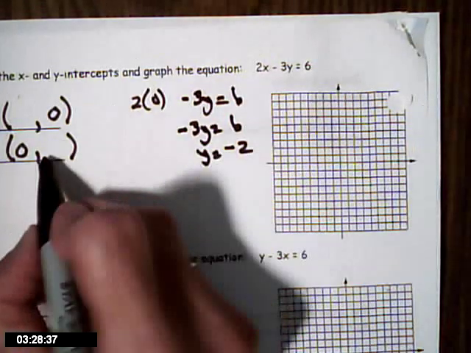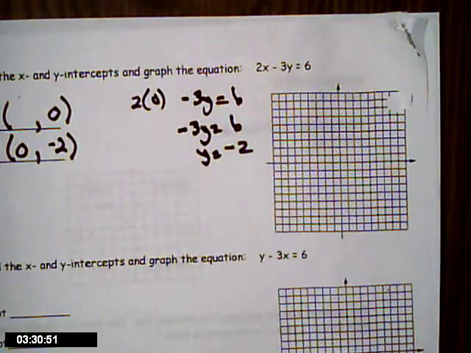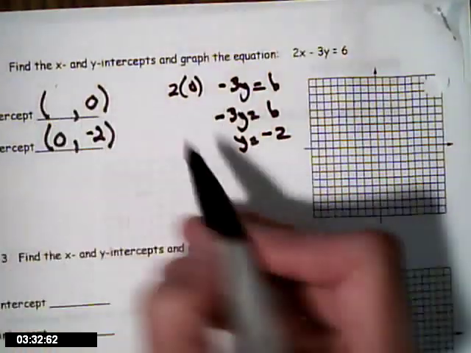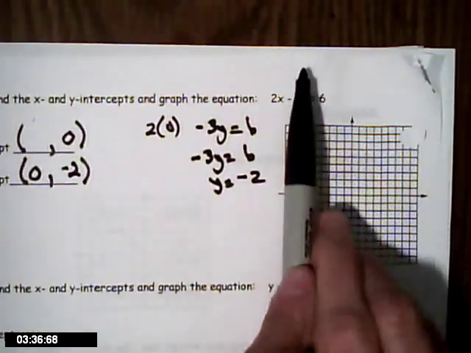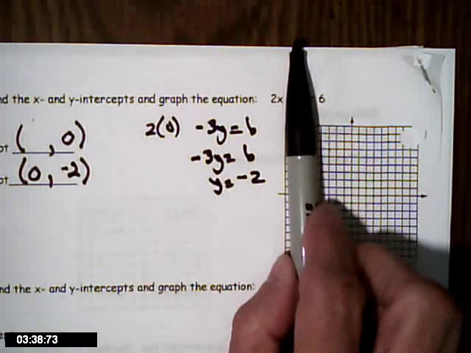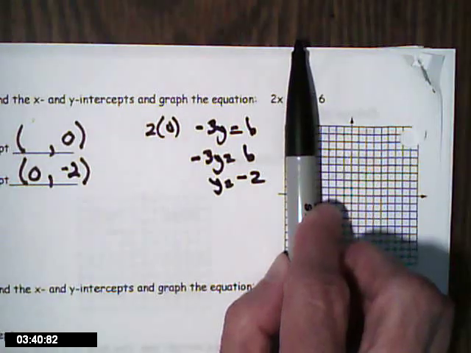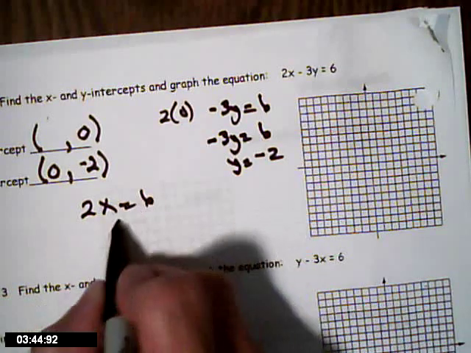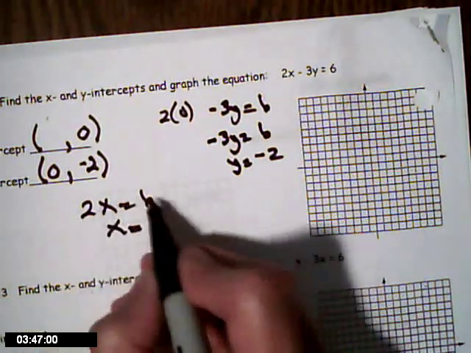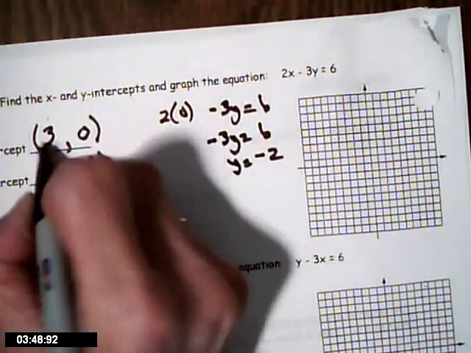And that's going to be the y. Now if I'm looking for the x-intercept, remember I let y be 0, so I would have 2x equals 6. And if you have 2x equals 6, then x would be 2 divided into 6, which is 3.